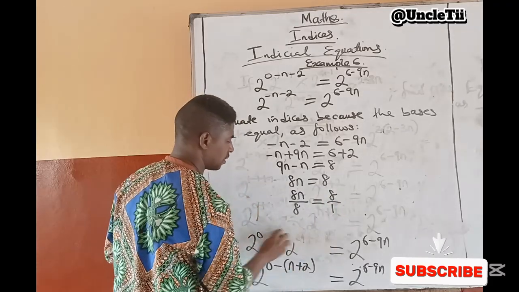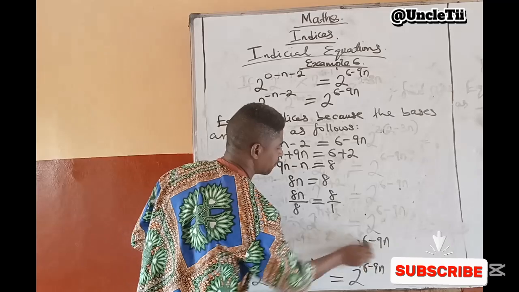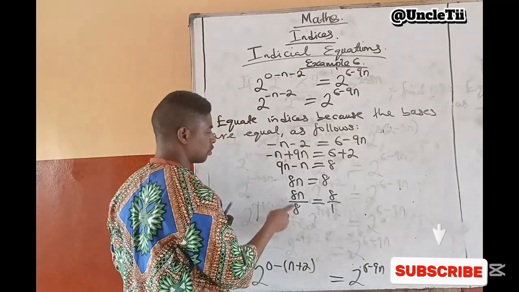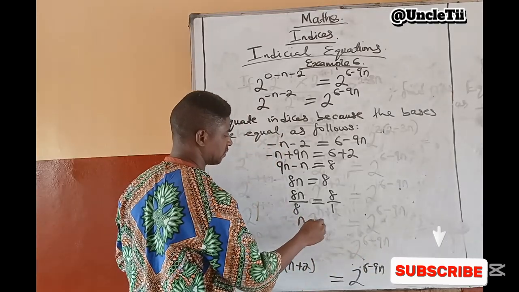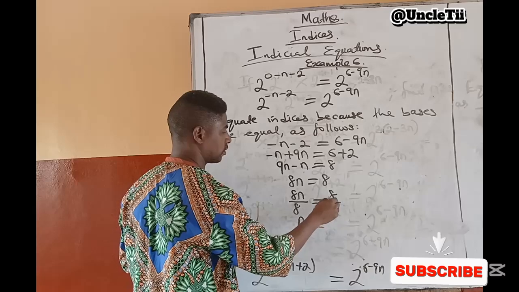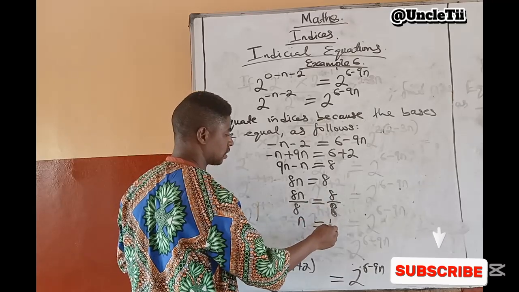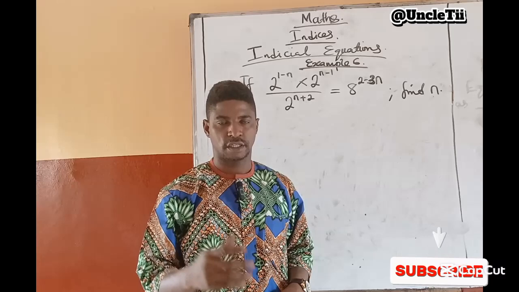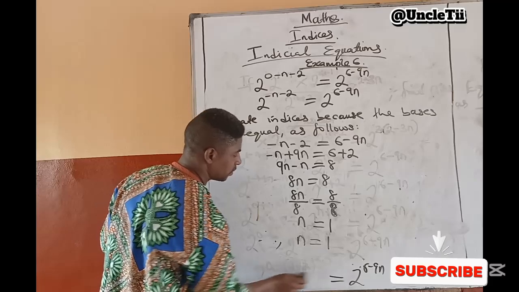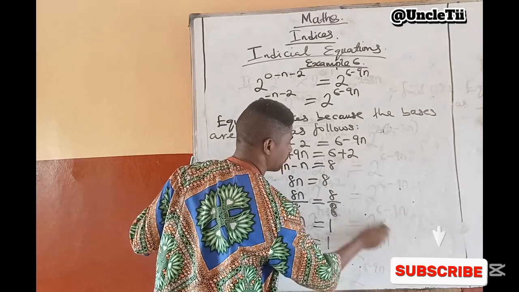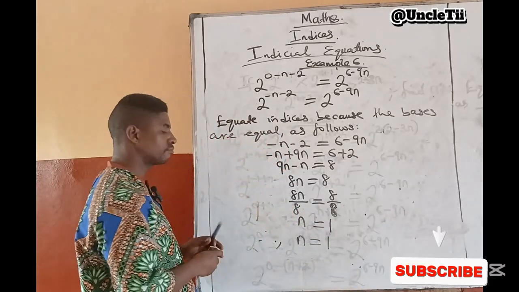Of course, on the left hand side, 8 will cancel 8, leaving us with n. And then here, 8 divided by 8 will give us 1. Therefore, n is equal to 1 is the solution to that indicial equation.